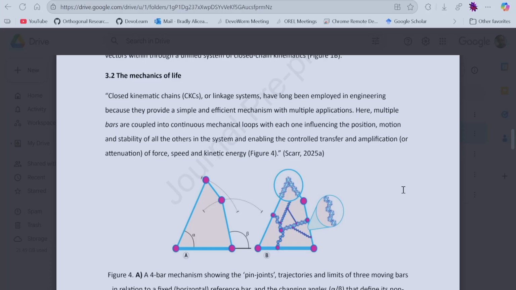But in a cell, like we've been seeing, we don't have an open kinematic chain. We have a closed kinematic chain. So you have this double pendulum, but it's connected back to the origin, which is interesting.